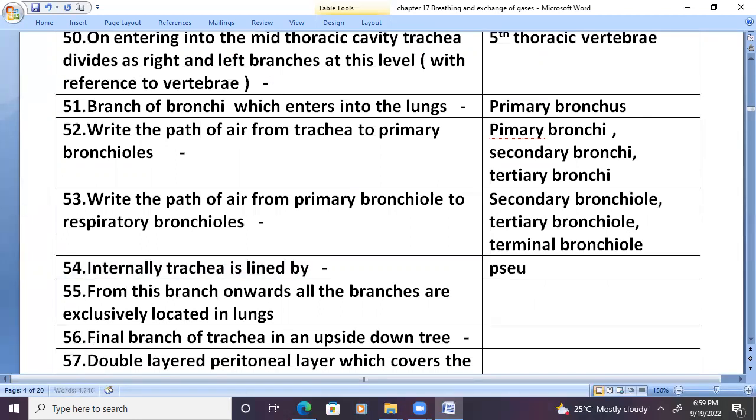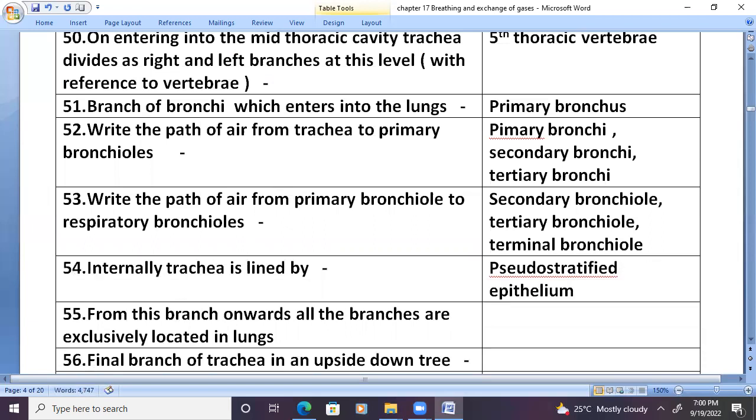Internally, the trachea is lined by pseudo-stratified epithelium with goblet cells that secrete mucus.